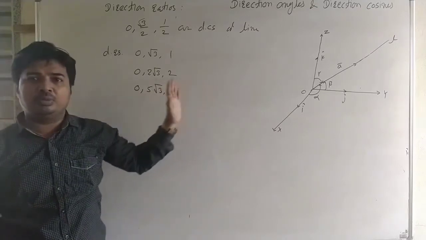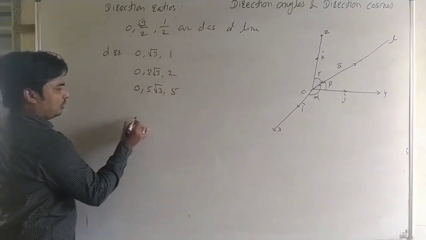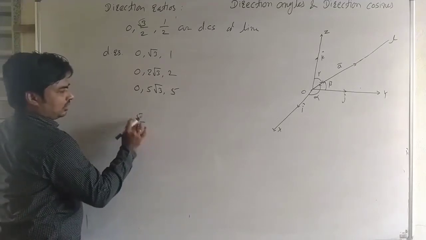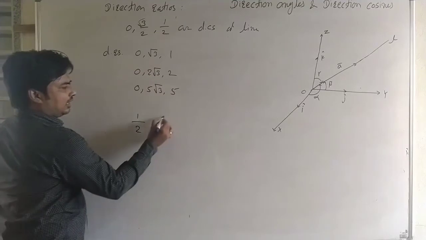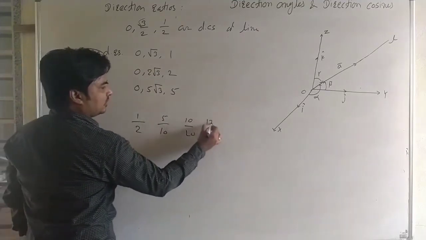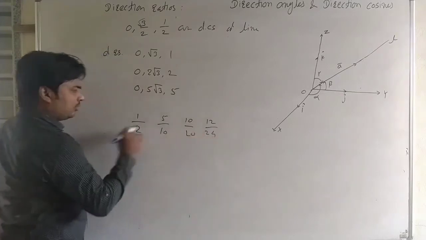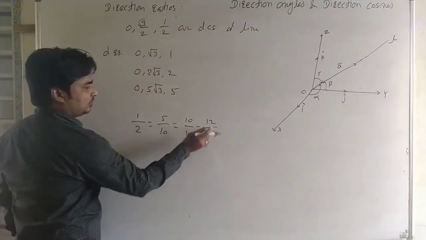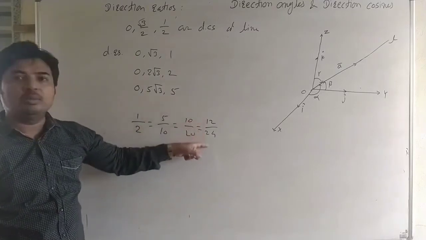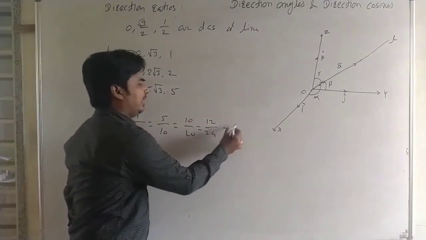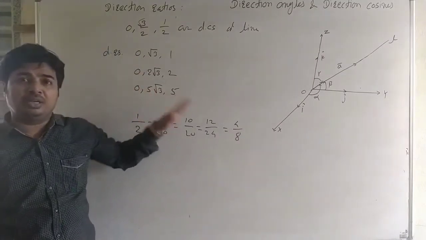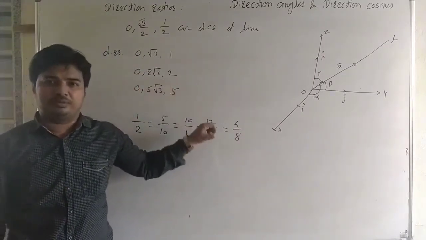Here we can take a ratio, 5 by 2, or 1 by 2, then 5 by 10, 10 by 20, 12 by 24. We can take infinitely many numbers which are proportional: 1 by 2, 5 by 10, 10 by 20, 4 by 8, infinitely many numbers. That means the direction ratios are infinite, but direction cosines are unique.